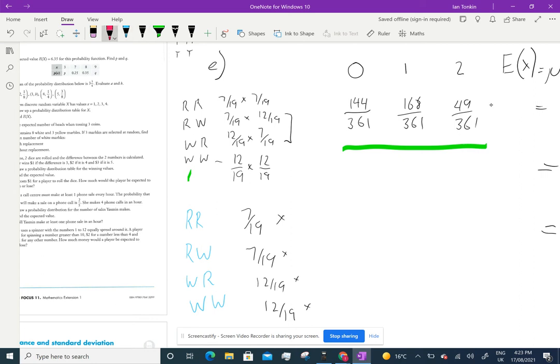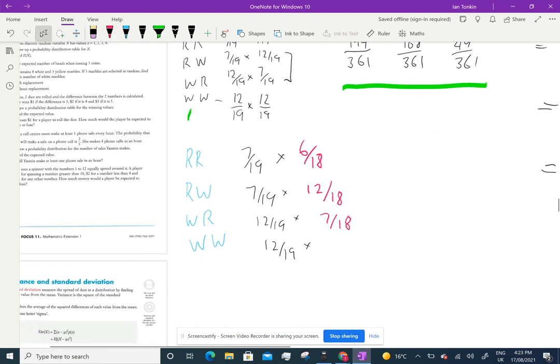So now, a red and a red, there are 6 red counters and there are only 18. A red and a white, there are 12 white counters, but there are still only 18 counters. A white and a red, well, there are 12. Now a red, there are 7 reds, but only 18 counters. A white and a white, well, now there are 11 white and 18 counters. And you work out all those probabilities, and it's done in the worked solutions. It's pretty easy. You do exactly the same thing and add them up.